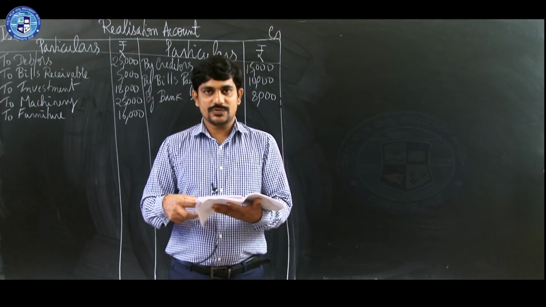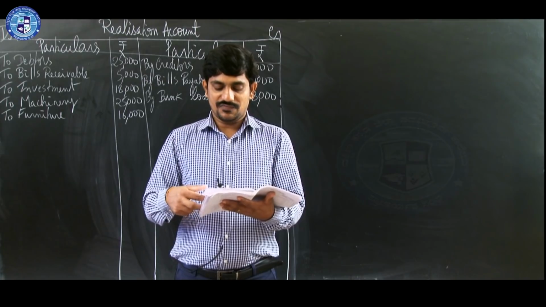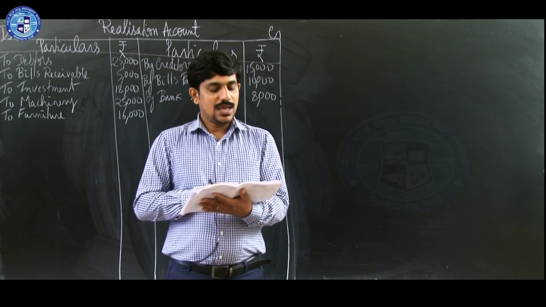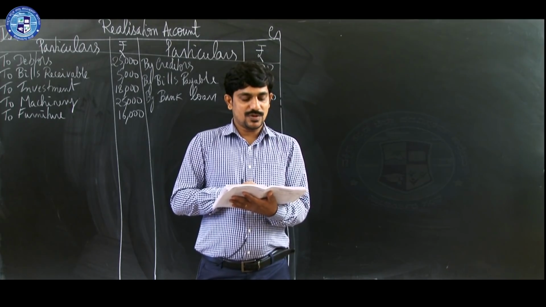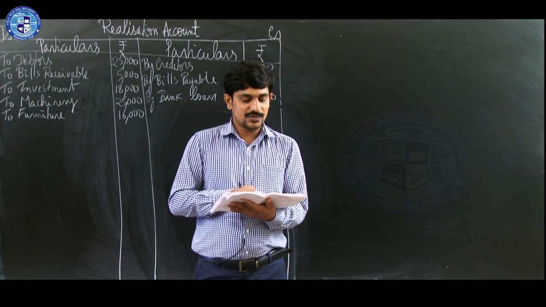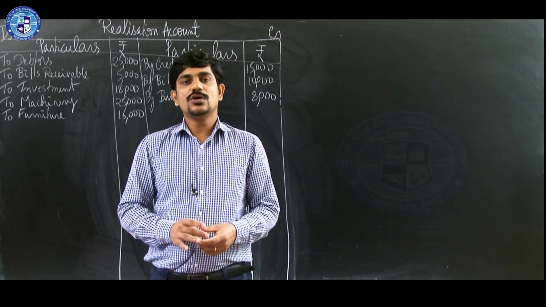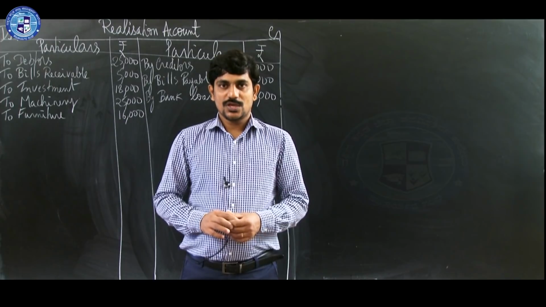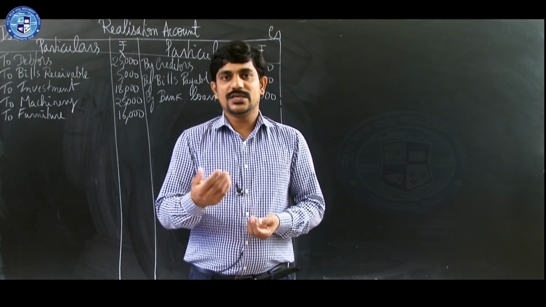Below the balance sheet we can find: on the above date the firm dissolved, the following information is available. Assets realized: debtors 24,000, bills receivable 4,000, investment 15,000, machinery 22,000. So when you are realizing, it means you are selling the asset. At that time the firm will receive money.